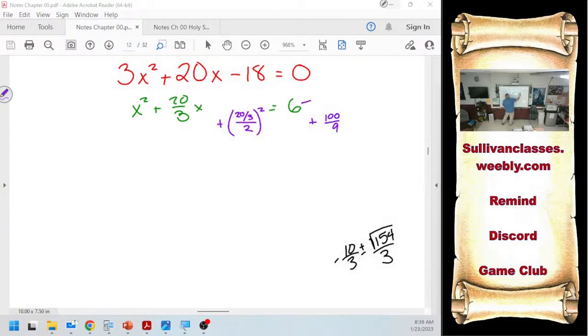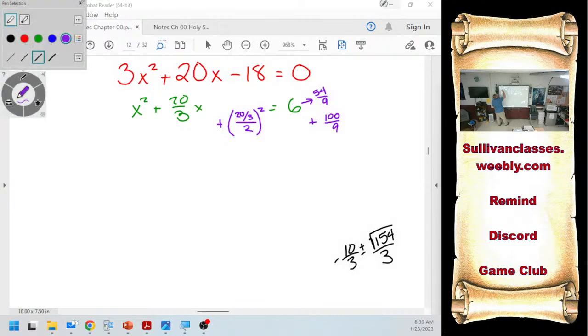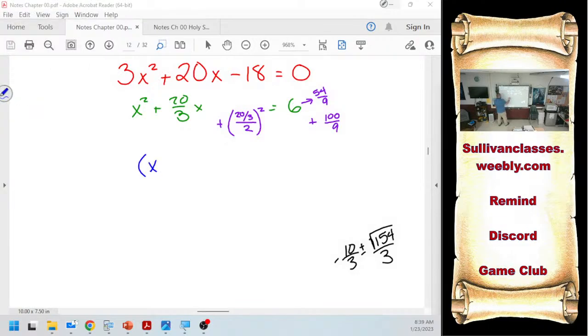So I'll turn that into 54 ninths by 9 by 9. Meaning, I can turn that into x plus 10 thirds, the quantity squared, always half of b, square root of c, is square root of, no, not square root yet, 154 ninths.